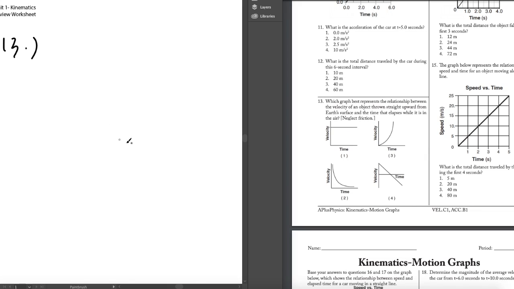Which graph best represents the relationship between the velocity of an object thrown straight upward from the Earth's surface and the time that elapses while it's in the air? Thrown straight upward. Oh. Did we do this problem already? Maybe not.